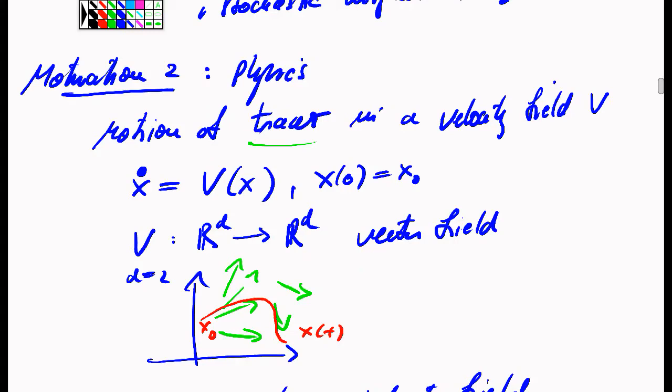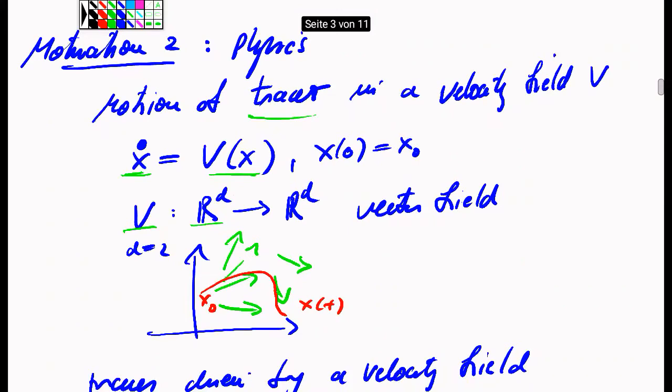with the floating water. If V denotes your velocity field in your container, here just d-dimensional Euclidean space, then the motion of the tracer would be obtained by solving the corresponding dynamical system or ordinary differential equation in d dimensions: x dot equals v, the surrounding velocity at time t at position x. So that's the picture here.